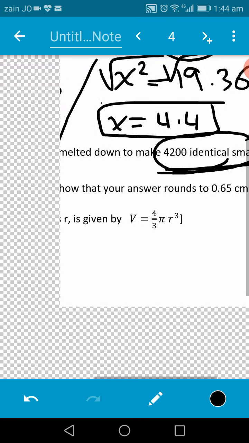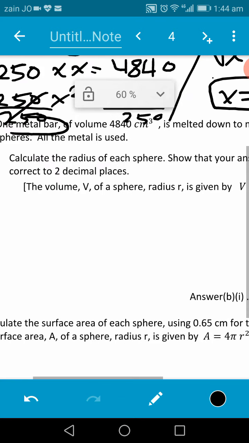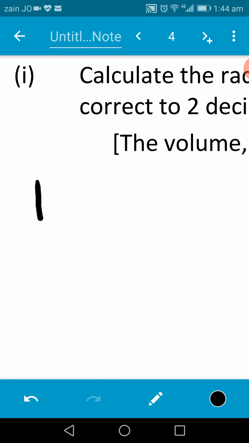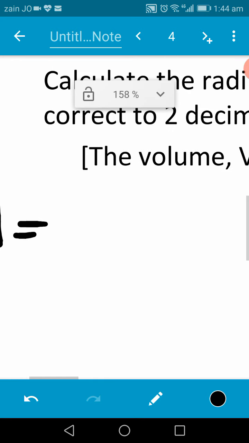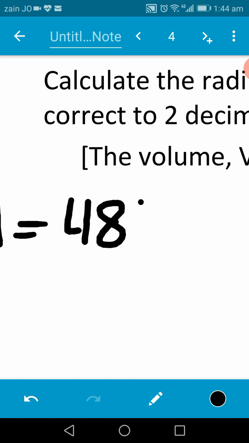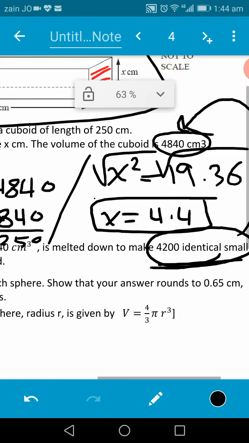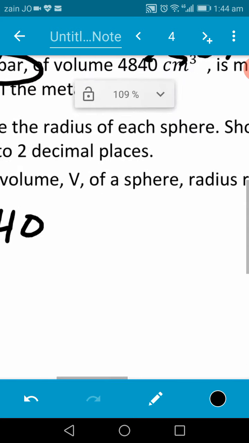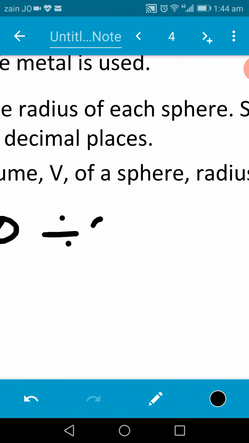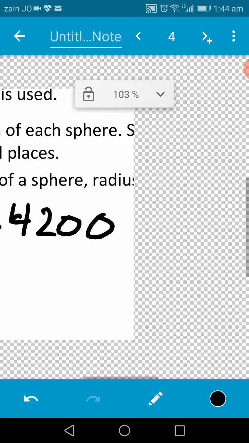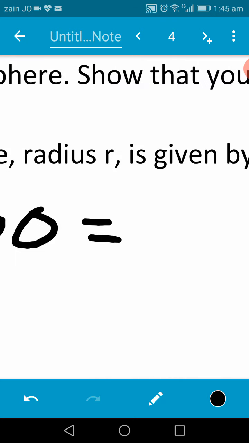So to find the volume for one sphere, you have to divide 4,840 by 4,200.